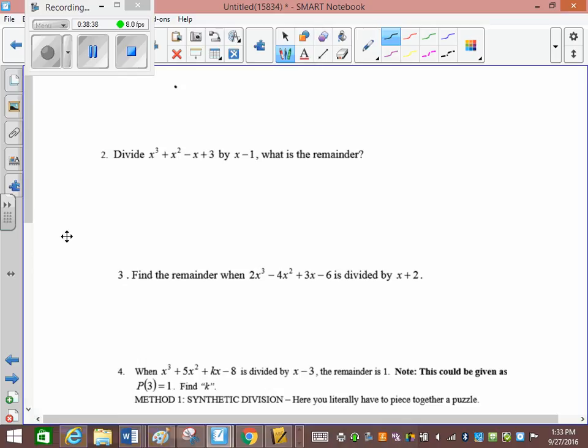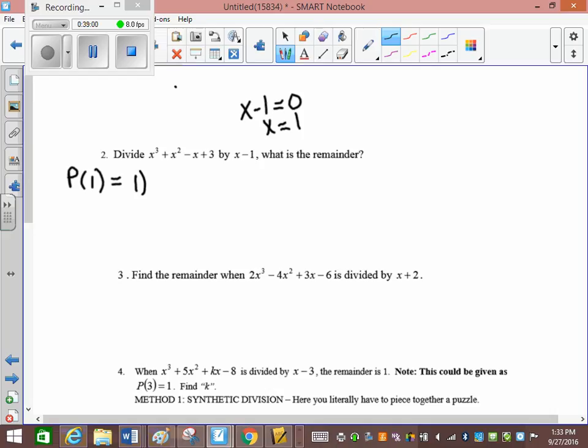We have x cubed plus x squared minus x plus 3 divided by x minus 1. What's the remainder? So I'm not going to use x minus 1. I'm going to go x minus 1 equals 0, x equals 1. And I plug that in. So I'm going to find p of 1, which just means I plug 1 in for all the x's.